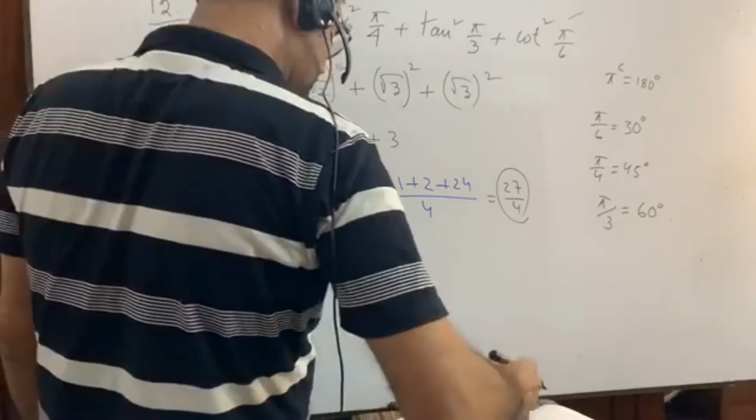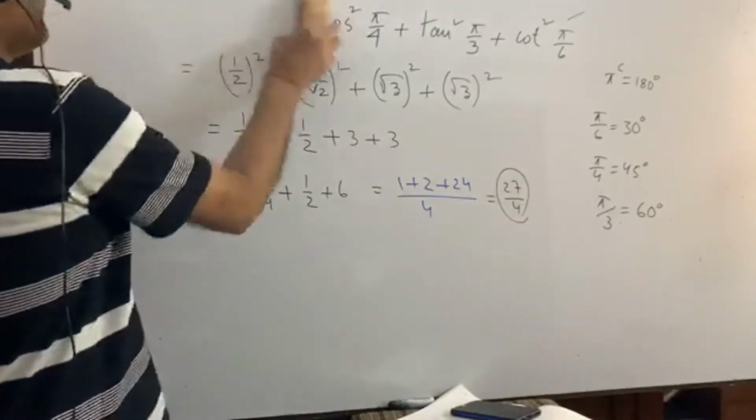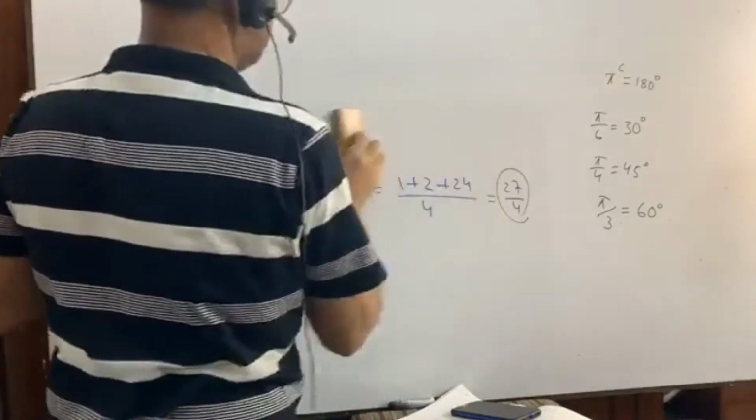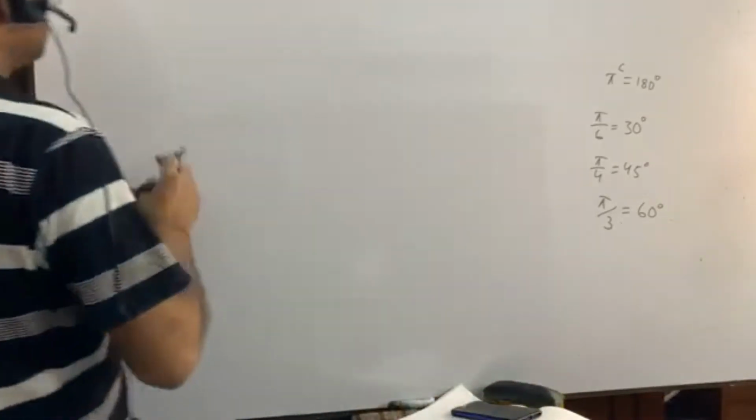So this type of math is given in question number 12. I think all of you can do this math. I am going to do a little bit harder math, question number 4 of 12. All of you please pay attention.